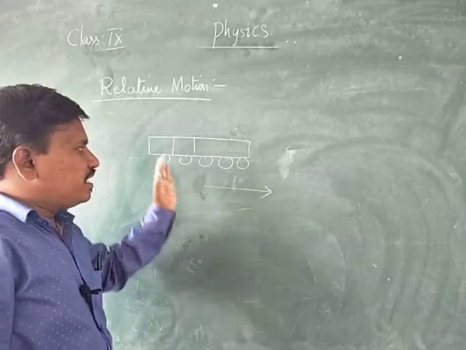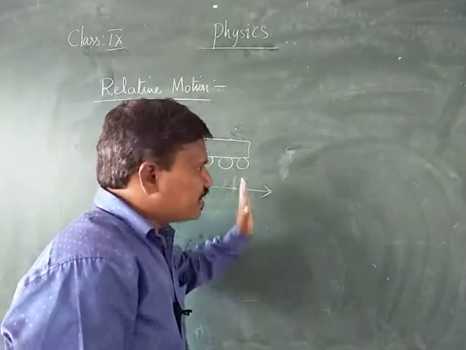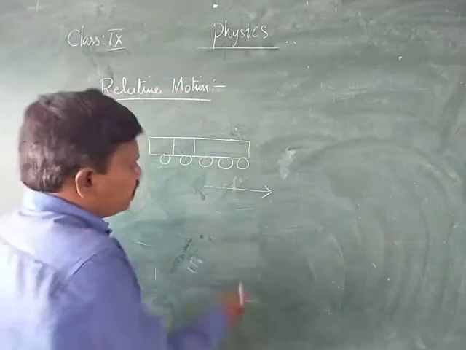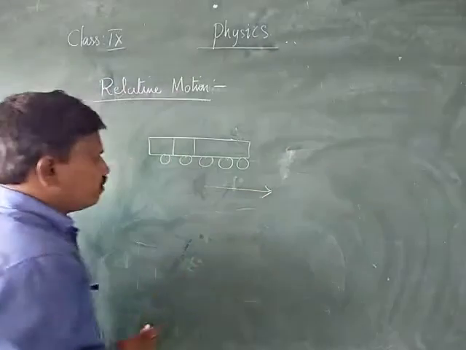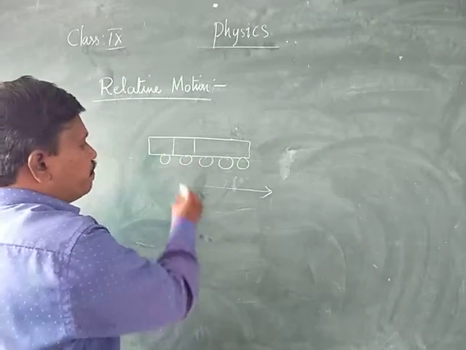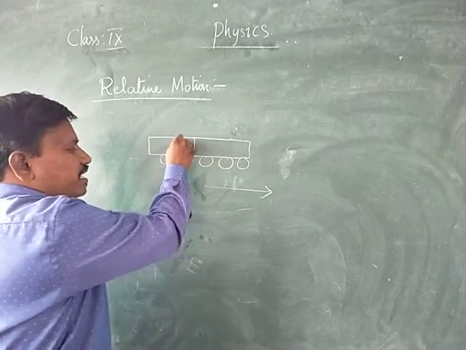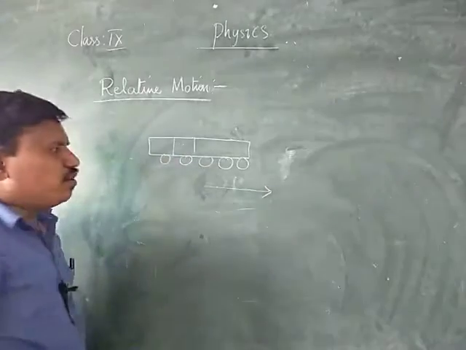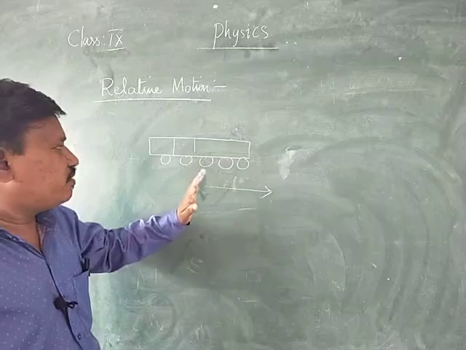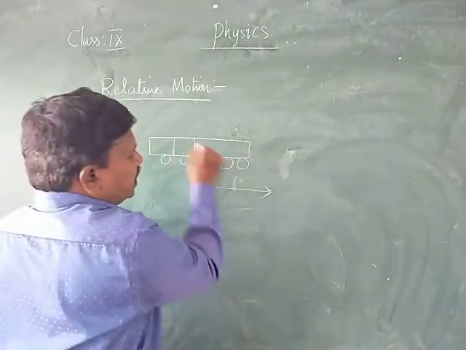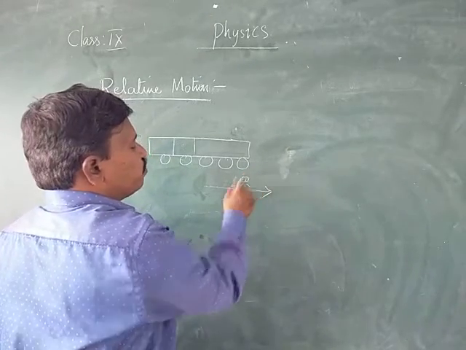The person sitting in the train observes that the trees and buildings are passing backwards, and the persons standing there also seem to be moving off. But the buildings are not actually moving; the person sitting in the train just feels like that.